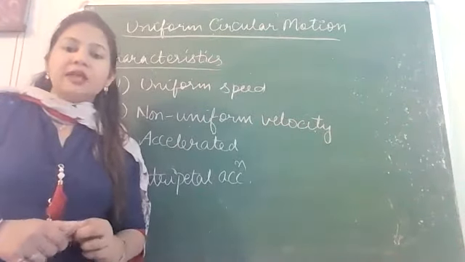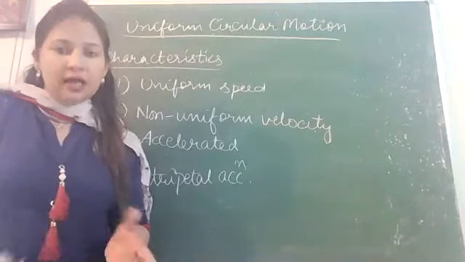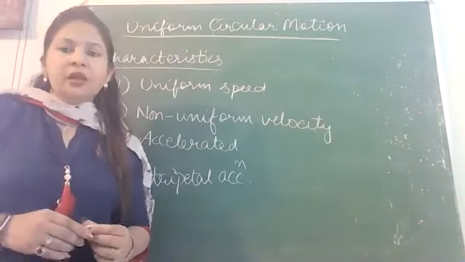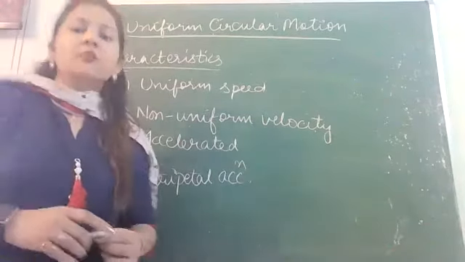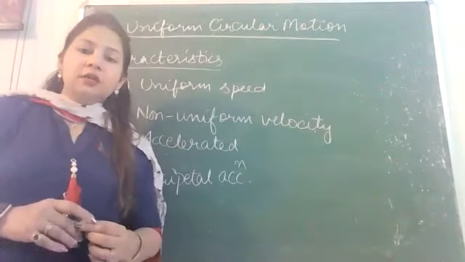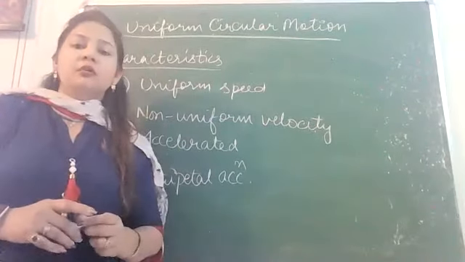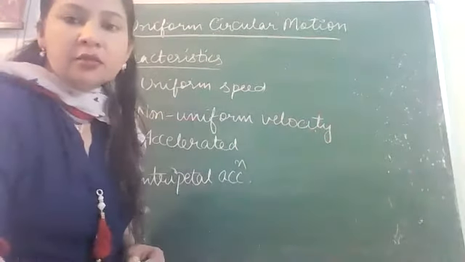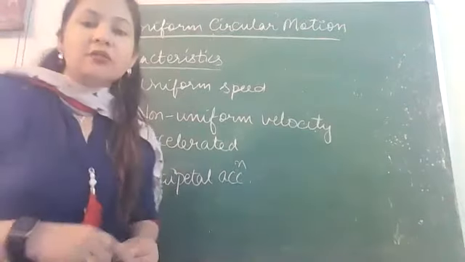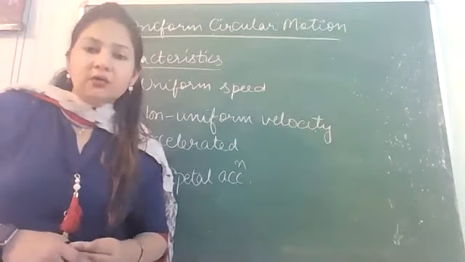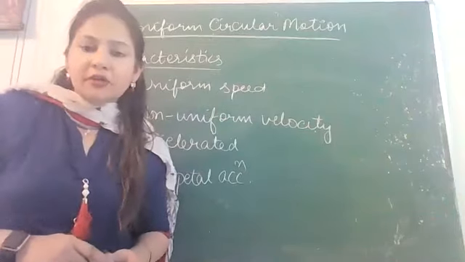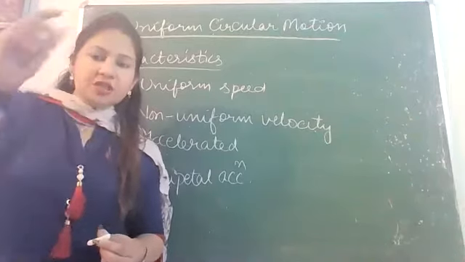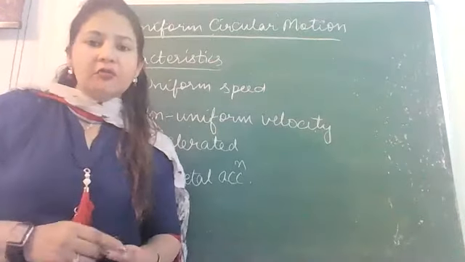Write down. Examples of uniform circular motion are, as I told you, motion of Earth around the sun, motion of moon around the Earth, motion of hands of a clock, motion of fan at a particular speed. ठीक है? तो I repeat. ये नहीं कि आप speed change करते रहो और फिर आप देखो कि speed uniform है कि नहीं.